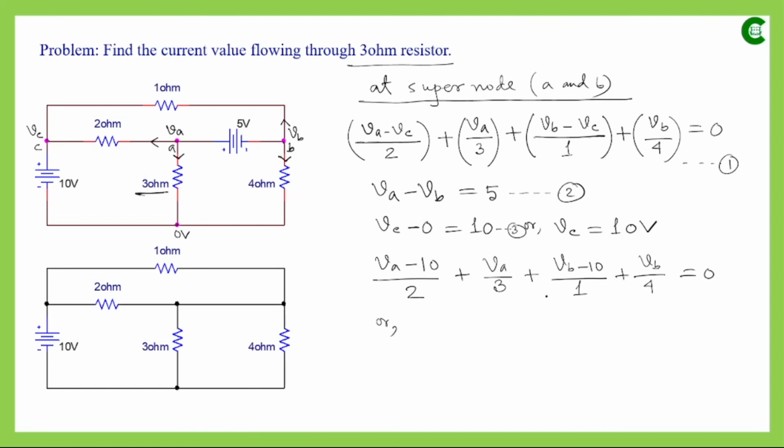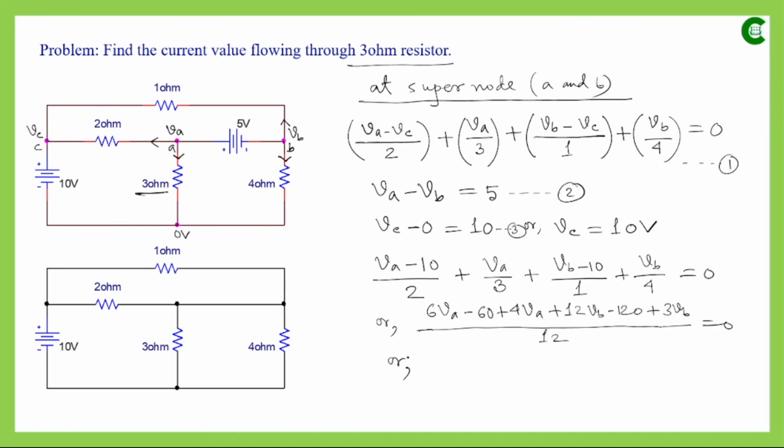If we simplify this equation, in the denominator we'll have 12. Going by simple mathematics, it will be 6VA minus 60, plus 4VA, plus 3VB, and here we have 1, so it will be 12VB minus 120, and then plus 3VB, and that will be equal to 0.